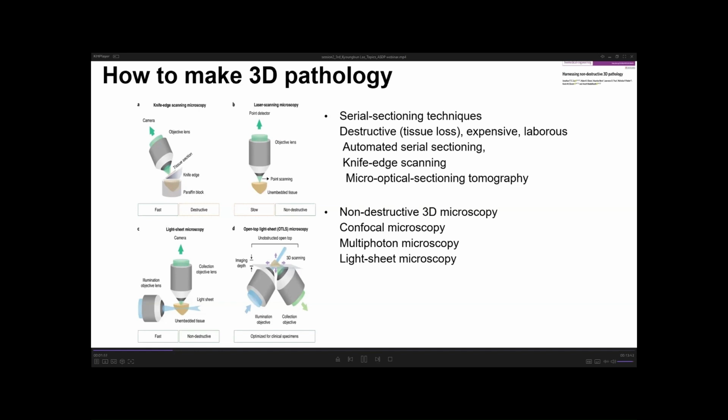Light sheet and open-top light sheet microscopies scan the 2D surface of tissues. These methods are being optimized for clinical specimens by increasing the scanning depth and image quality.